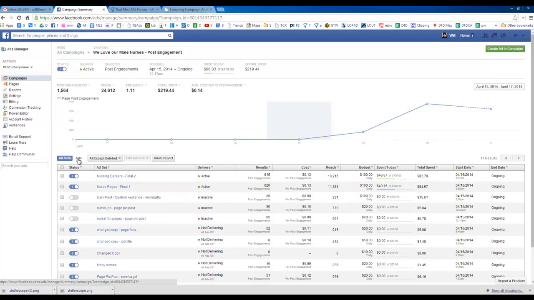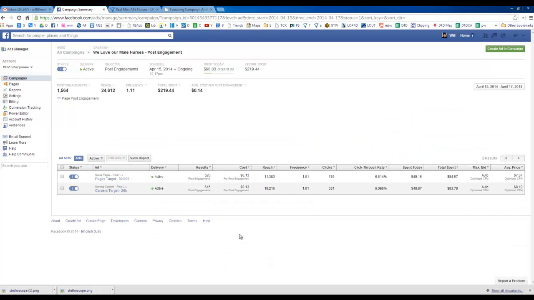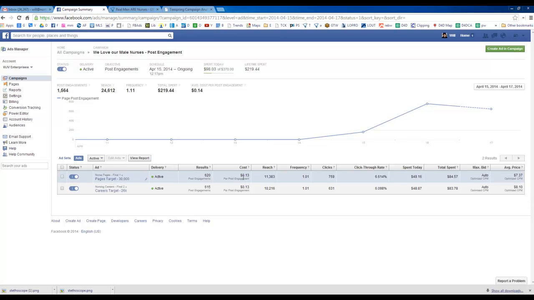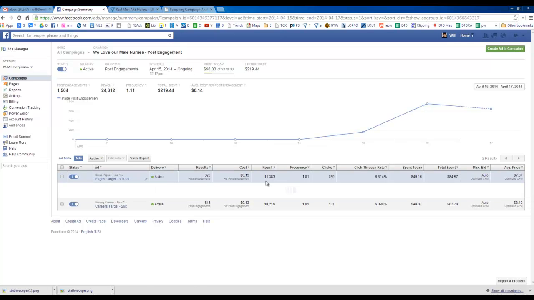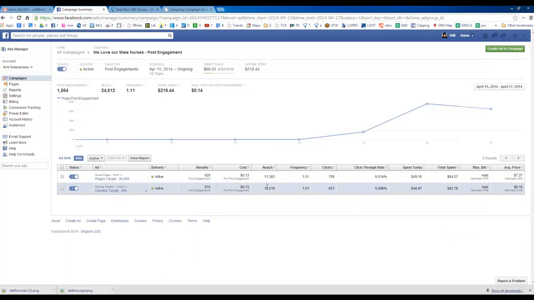Let's actually take a look at the actual ads that are running. Now our cost per post engagement is going up. I think at the low we were around 11 cents. On an audience of 30,000, we are just a little past a third through it here, at 11,000, which means we've only tapped a third of that audience.